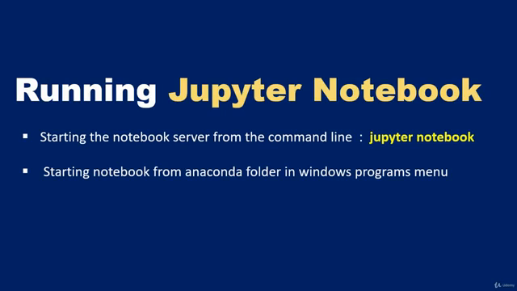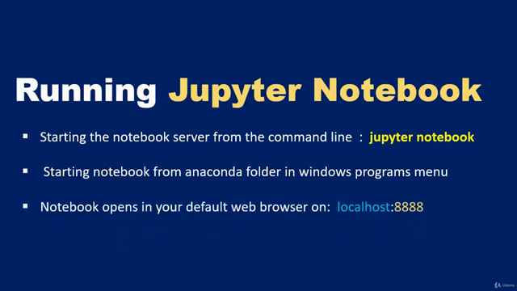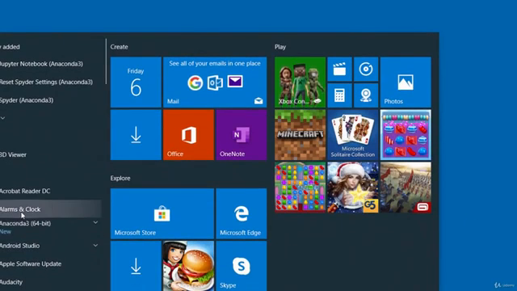Once the Jupyter Notebook server is started, it opens up the Jupyter Notebook in your default web browser, and it does that on localhost, and the port it uses is 8888.